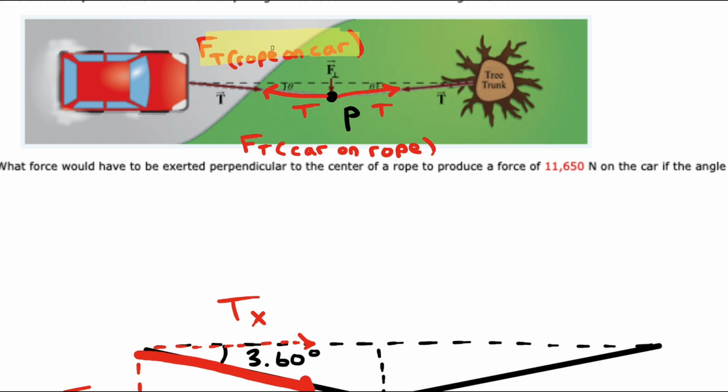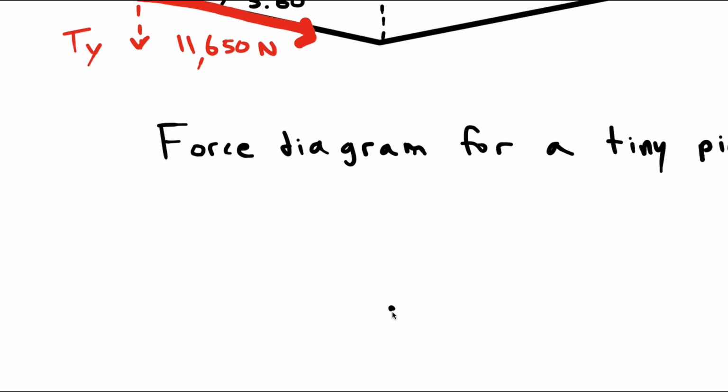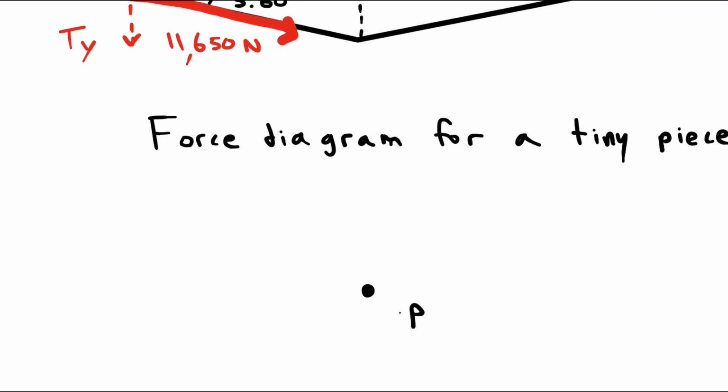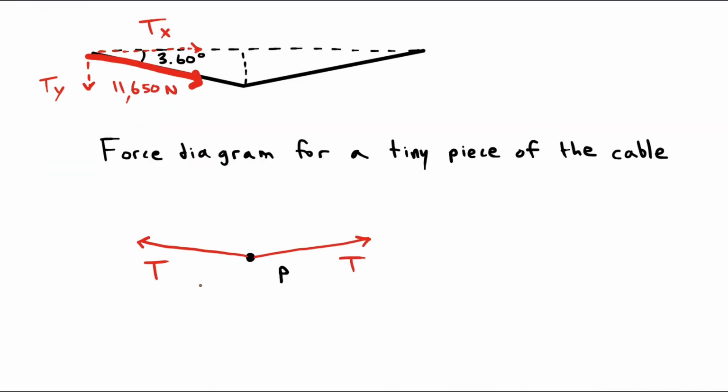I will now draw my diagram for point P. There's a tension force pointing up and to the right, and another tension force for the other side of the rope pointing up and to the left. And then you also have this vertical push, the perpendicular push of the person.